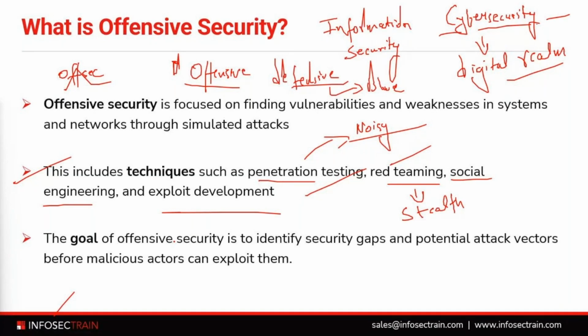So social engineering is basically called hacking the human. Why do we call it hacking the human? Because we are using tactics to get the information out of the person and deceiving them, right? We all have heard about phishing, right? Phishing is done over emails.